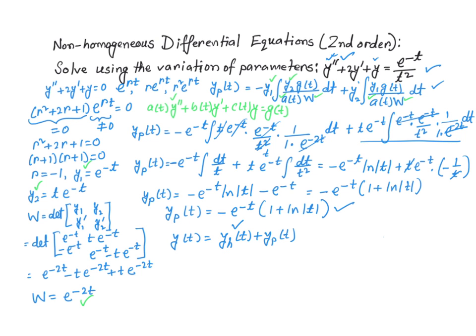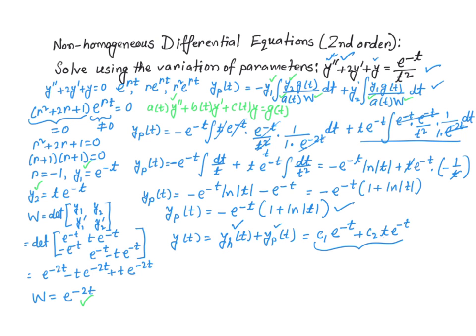Y sub h of t is the general solution for the corresponding homogeneous equation, and y sub p is the particular solution that we got by using the variation of parameters. So y sub h is going to be c1, an arbitrary constant, times e to the power negative t, plus c2 times t times e to the power negative t. That's just the homogeneous part, okay, this one.